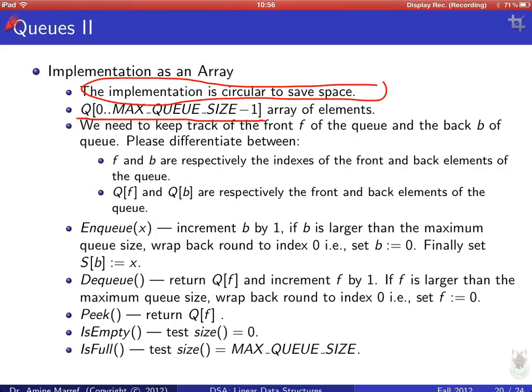It's an array from 0 to max minus 1. The queue of, so F is the front index, B is the back index. Q of F is the element at the front of the queue, and Q of B is the element at the back of the queue.